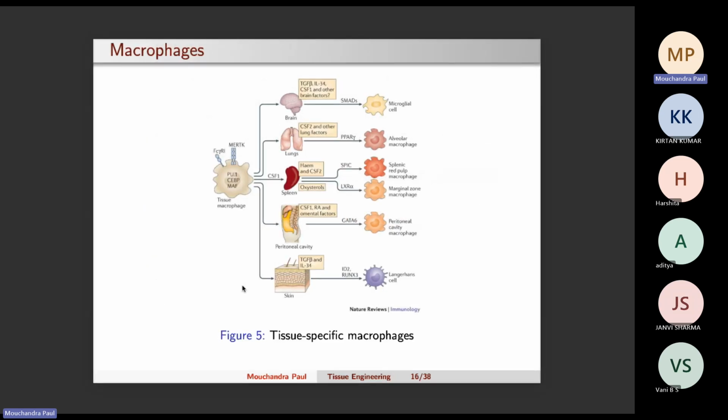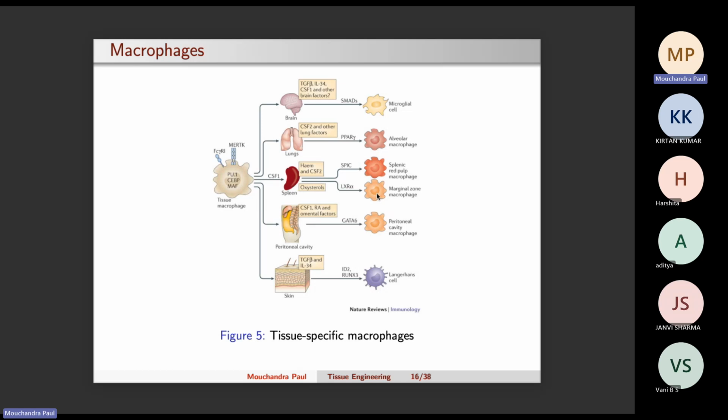So this is a diagram showing a particular macrophage which is there in the blood. It enters a specific organ or tissue and decides to become a resident of that tissue, and becomes a tissue specific or tissue associated macrophage. So in the brain there is the microglial cell, as I mentioned. In the lung there is the alveolar macrophage.